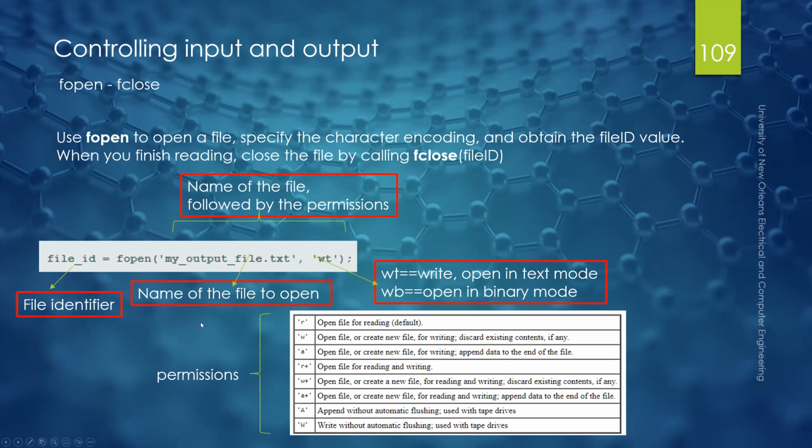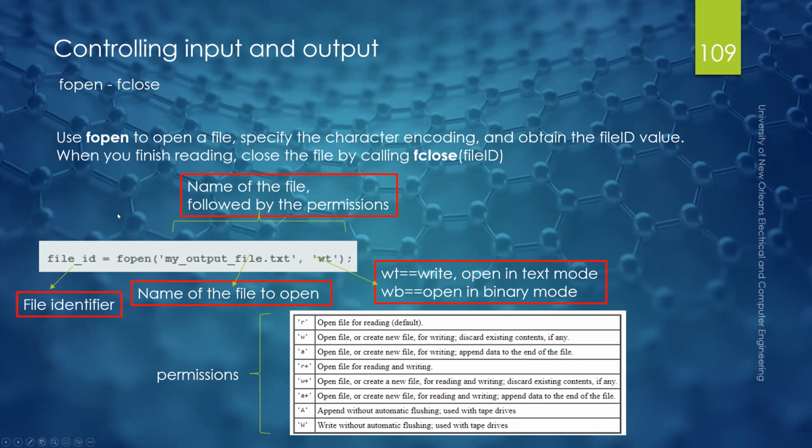And there's a list here at the bottom. I'll explain that in a minute. In this case, we have in single quotes again, WT, meaning to write. We're going to be able to write to that file, and it's going to be open as a text document. Okay. If we were to have WB, it'll indicate you want to open it in binary mode. Okay, which in this case is not what we want, so that's why we have WT.